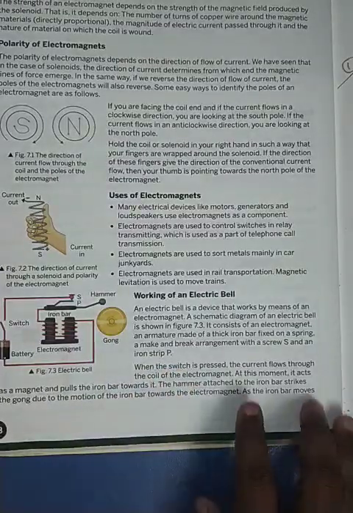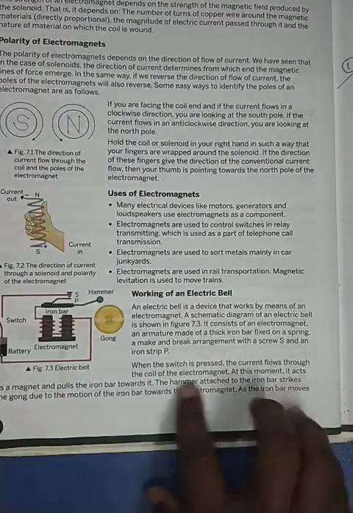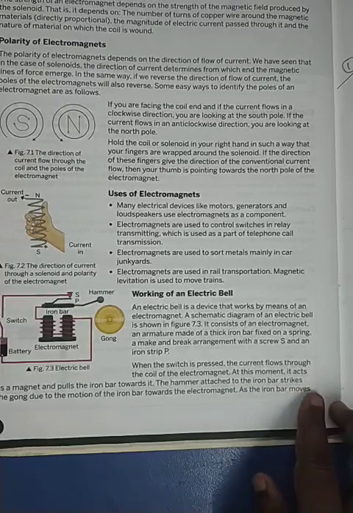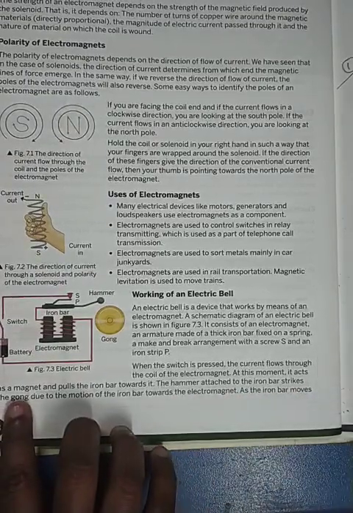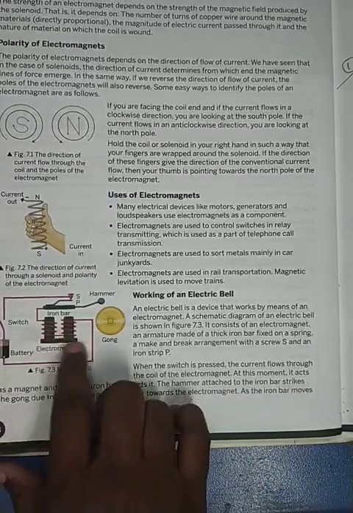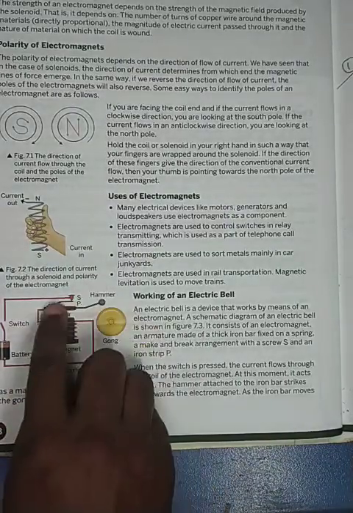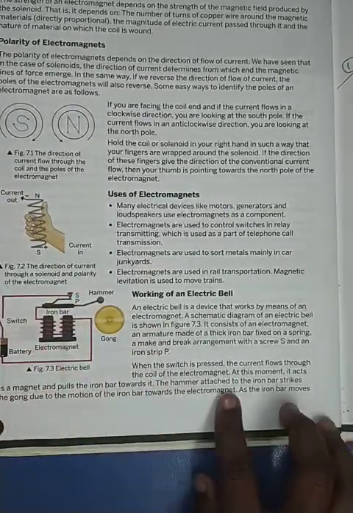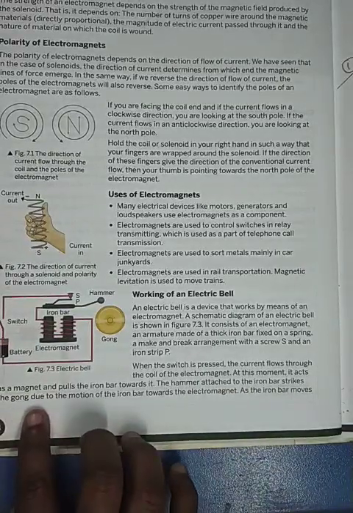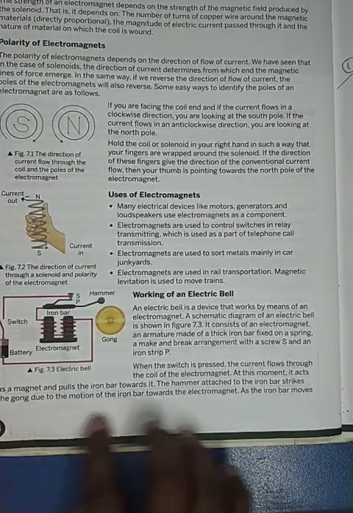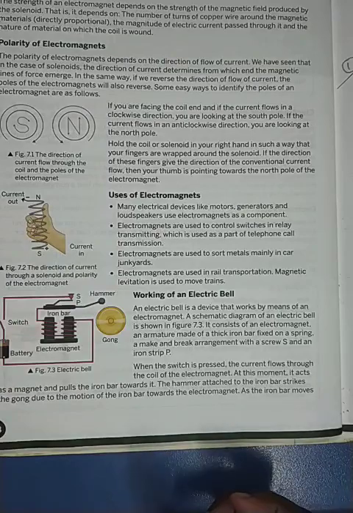When the switch is pressed, the current flows through the coil. At this moment the iron core will act as a magnet and pull the iron bar on the top. So the hammer will go and strike the gong, which will give the sound.